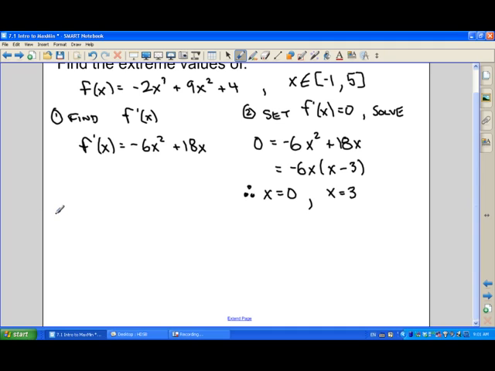My last step is to sub x equals 0, x equals 3, and the endpoints, x equals negative 1 and x equals 5, into f of x.